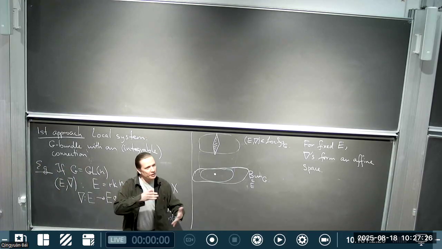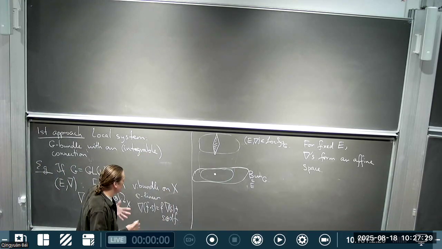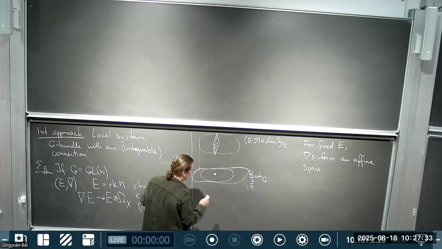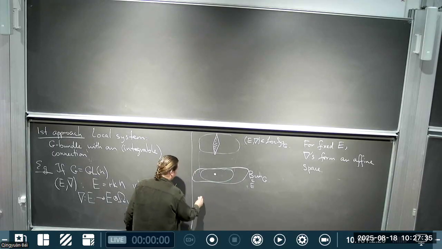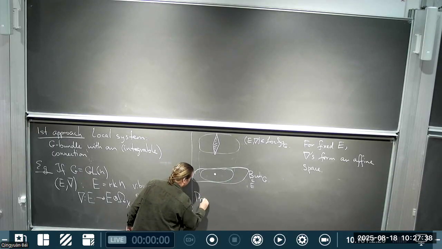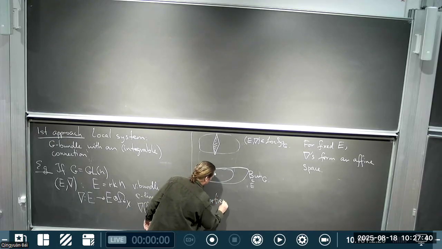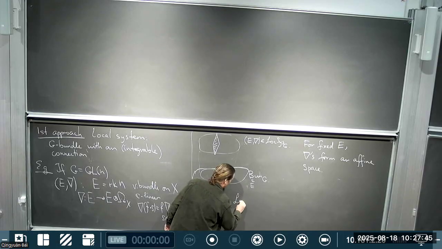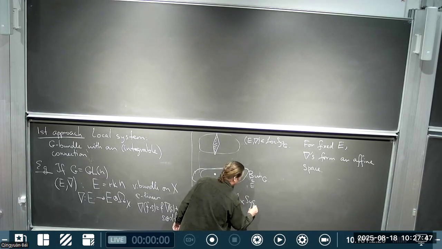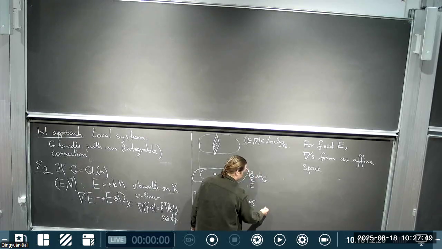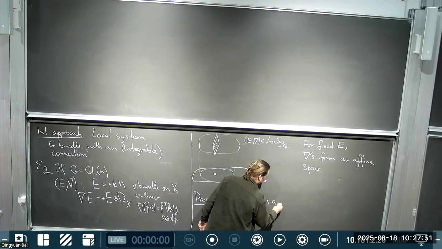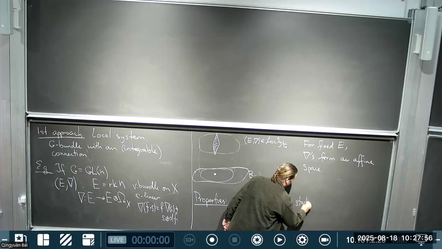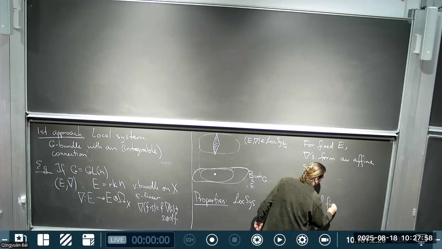First of all, I keep calling it space, because I didn't make any precise statements yet, but the actual properties would be that it's a stack. It's an algebraic stack of finite type.